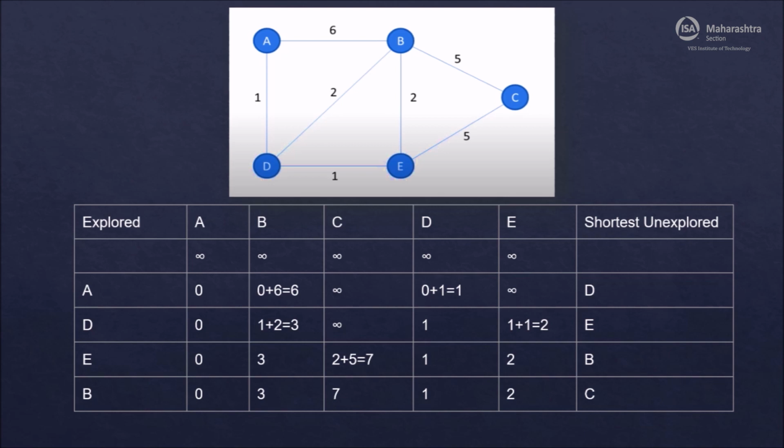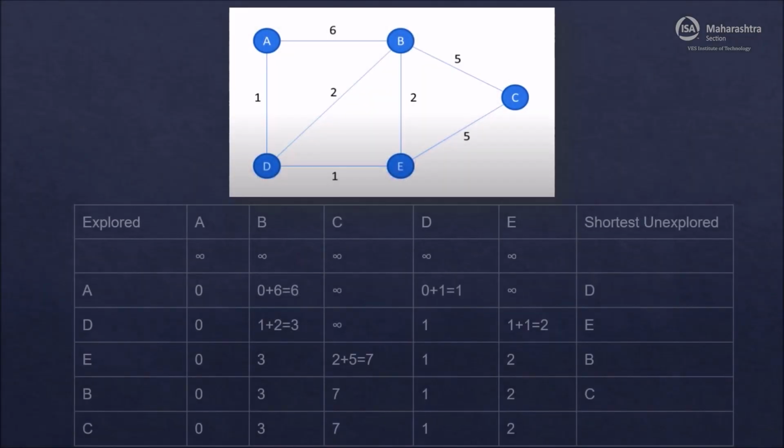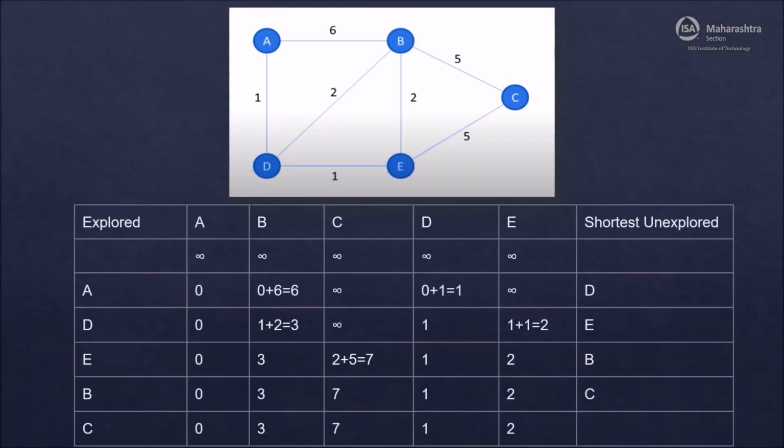So now from all these values, we have explored node A, B, D and E. So the remaining node is C. So we are going to explore node C next. From node C, as we can see, the table is containing already the minimum values, which is 0, 3, 7, 1 and 2. So we are not going to change these values.